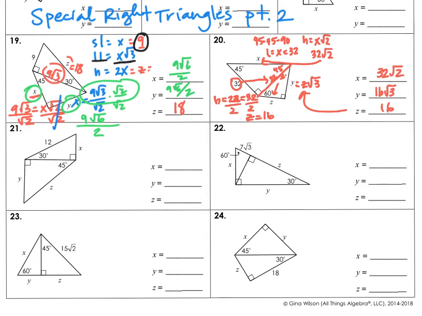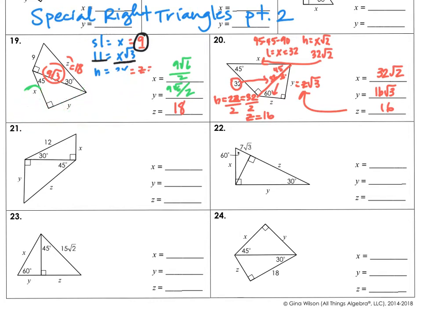Okay, we are looking at number 21. I'm going to erase some of this work. In 21, we're looking for the triangle that gives us a leg length, which is the 30, 60, 90. It gives us the hypotenuse. Our hypotenuse is 12.